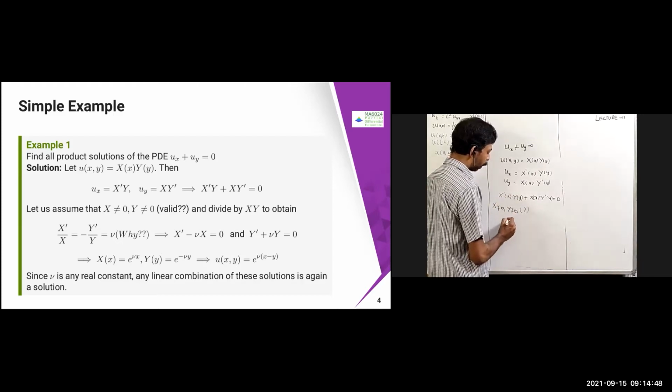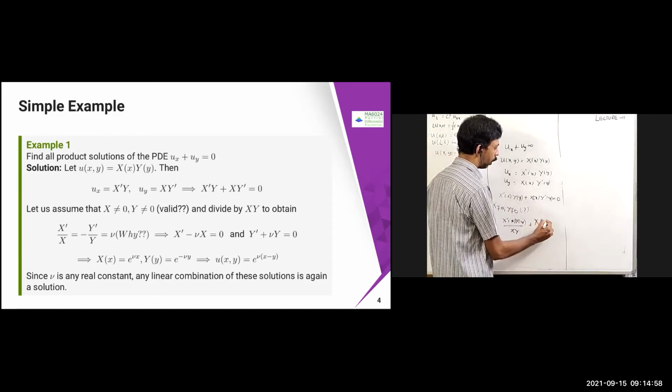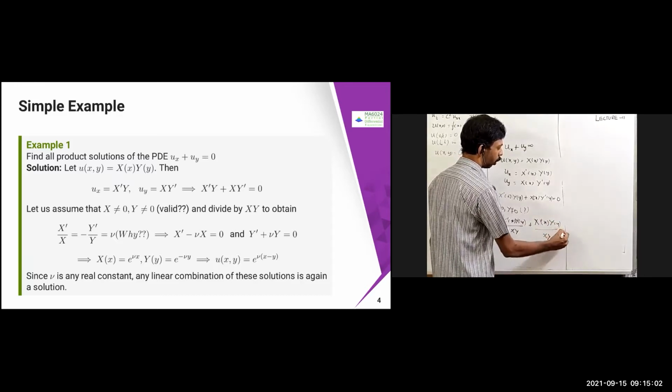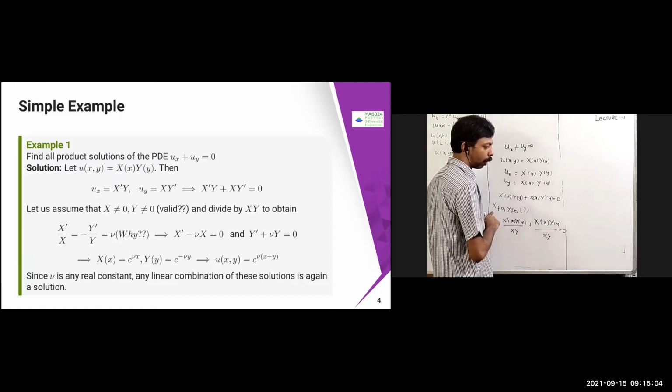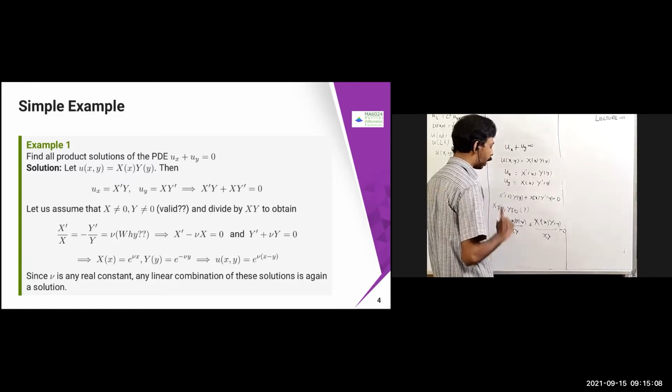So this is going to become X dash of x into Y of y divided by XY, plus X of x into Y dash of y divided by XY equal to 0. This is valid only if x not equal to 0, y not equal to 0, because I'm looking for a non-trivial solution.